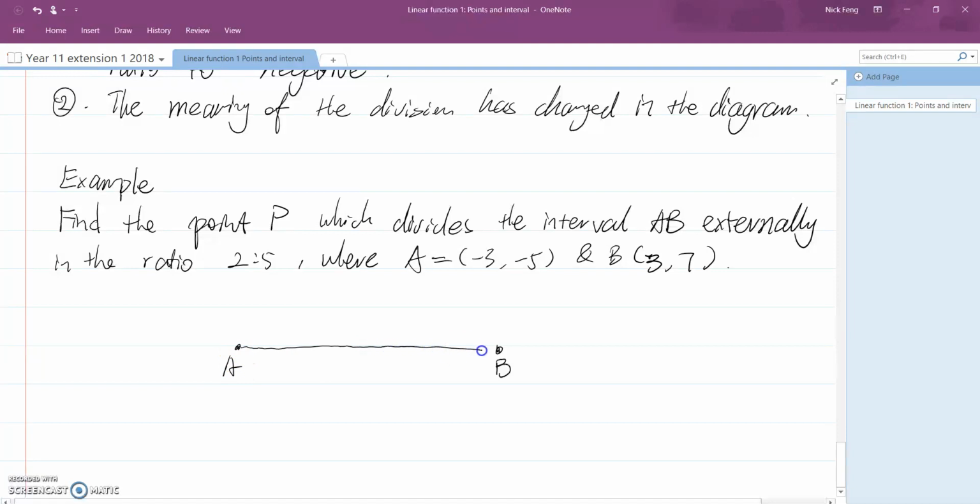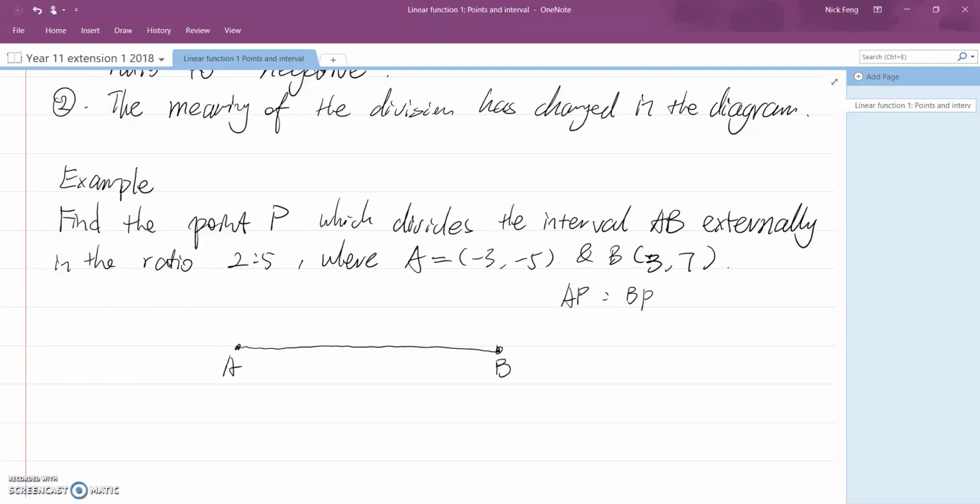It's no longer in between. It's either to the left or to the right. When we have P dividing interval AB, the ratio always goes from AP to BP. It's exactly the same even though it's an external division point.